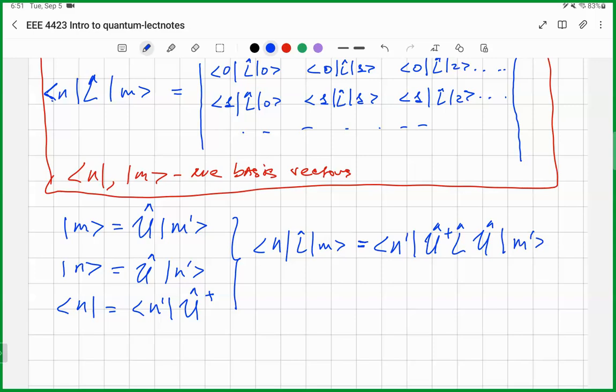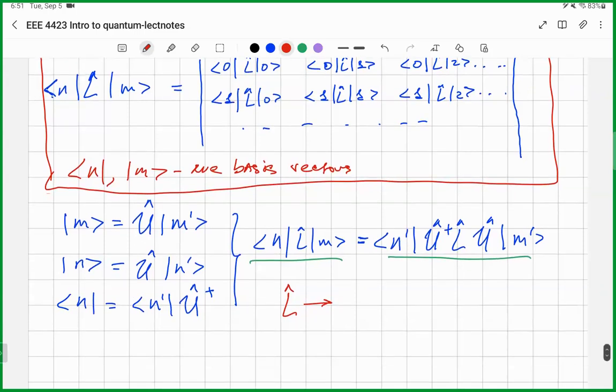And comparing the two, I conclude that the operator transforms through this transformation matrix, for example the unitary matrix U dagger L U.